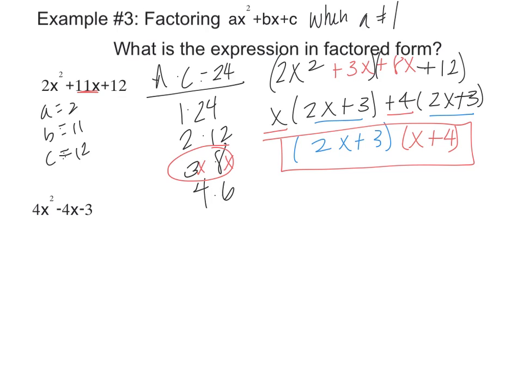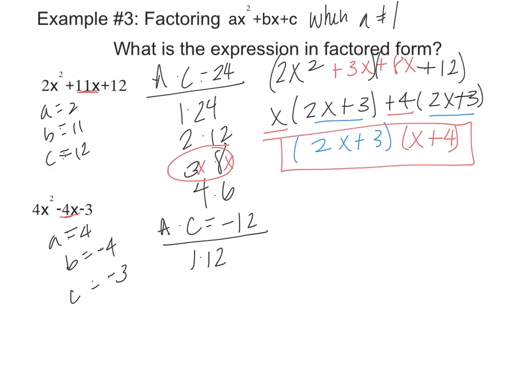Okay, let's do this same method again for the second one. So again, we identify A, B, and C. A is 4, B is negative 4, C is negative 3. Okay, AC will give us negative 12. So let's just find all the factors of positive 12, and then we'll need to figure out some combination to give us negative 4.